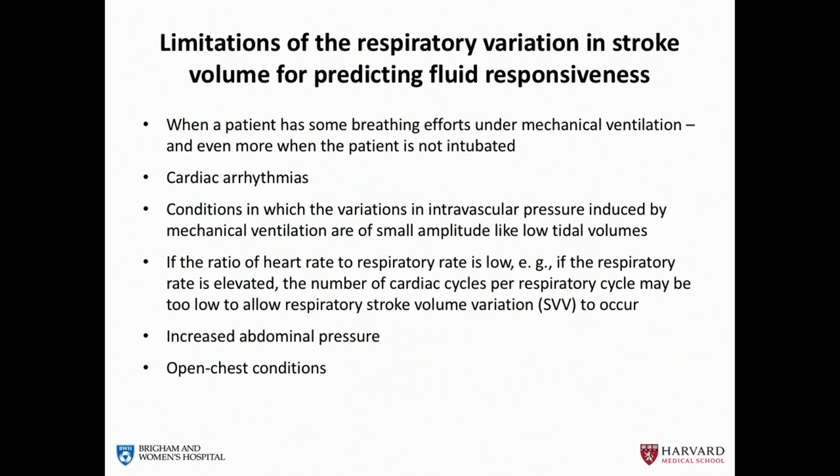Now, there are a number of things that can limit the ability to get accurate stroke volume assessments. Much of this has to do with respiratory variation and predicting fluid responsiveness. If the patient is spontaneously breathing while mechanically ventilated, and this can also be true when the patient is not intubated, if there are significant efforts on the patient against the mechanical ventilator in the setting of dyssynchrony or very high respiratory rate, that can make the data obtained less reliable.